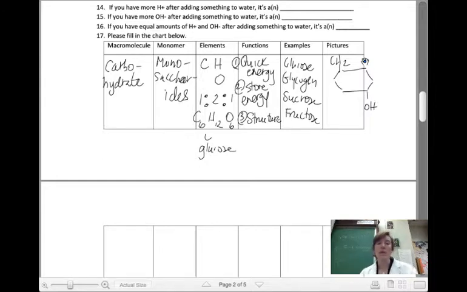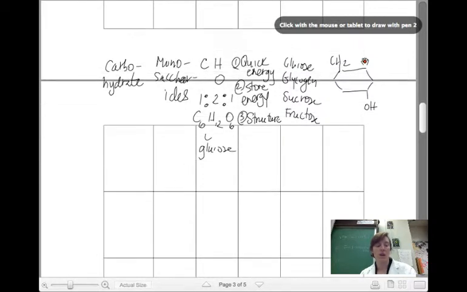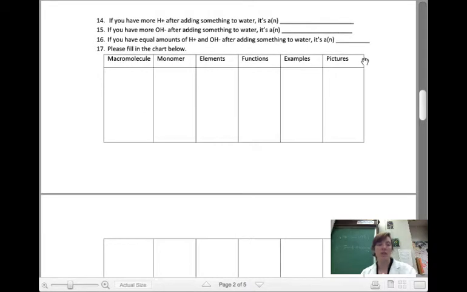Okay, moving along. Next up, let's do proteins. I'm just going to do them all in the same way. Okay, so we have proteins. The monomer of proteins is amino acids. And here we have CHO, and now we have the addition of N. And we have 20 different amino acids for life.